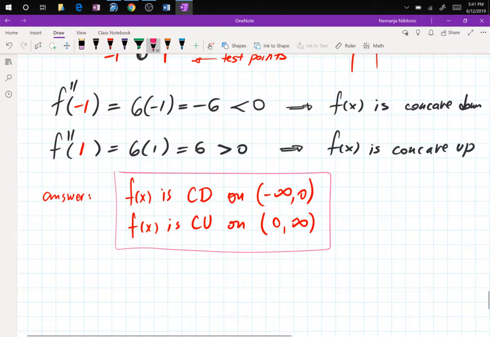There was only one instance when I used square brackets, and that was where the problem required the closed interval on the other end. But when you are making your intervals, they all have open brackets, because you do not get to claim increase on one point. You cannot say that the function is increasing on one point.